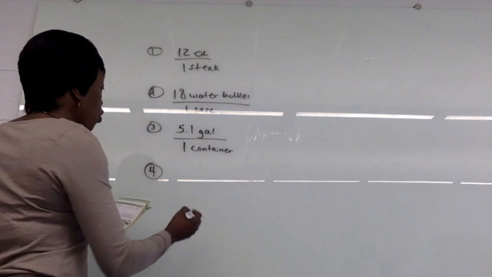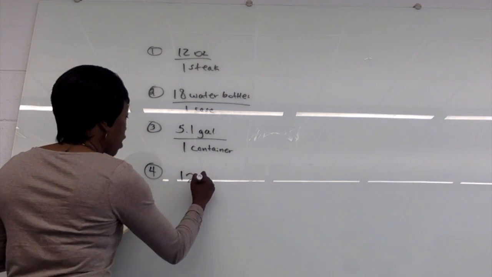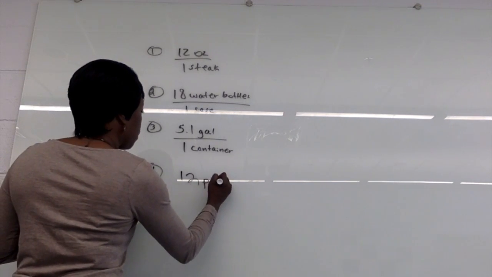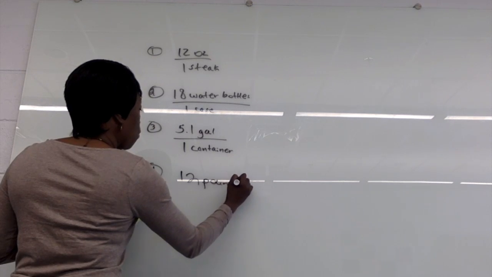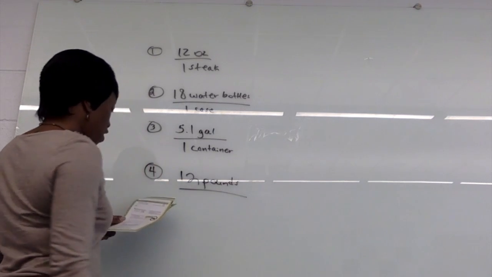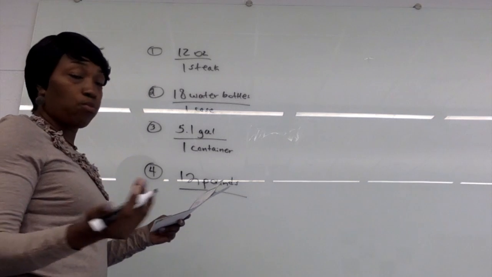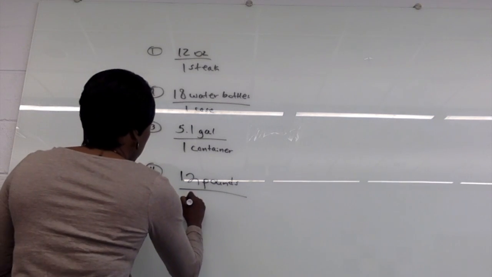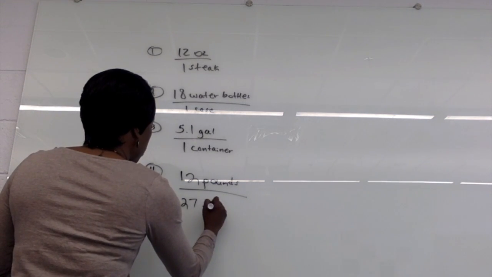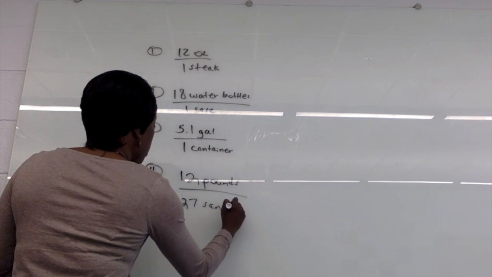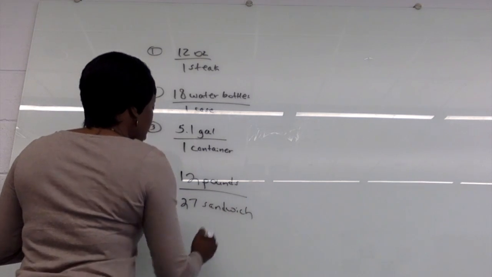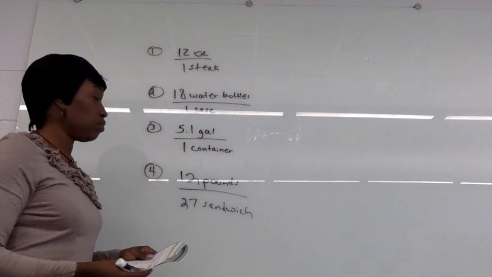So we're going to put our turkey in the numerator, which is 12 pounds, okay? And I'm going to work this one out for you so you can see that. 12 pounds per sandwich, so we're going to put our sandwich in the denominator. So you're going to write it exactly how it is said in your question.